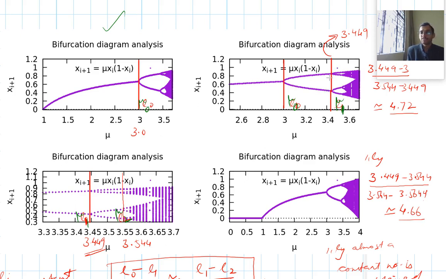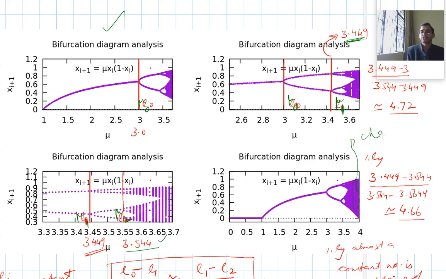Bifurcation occurs after some point: the first bifurcation occurs at 3, and another at 3.449, and another after that at 3.544, and so on. This pattern will repeat, and after that there is chaos in this region.